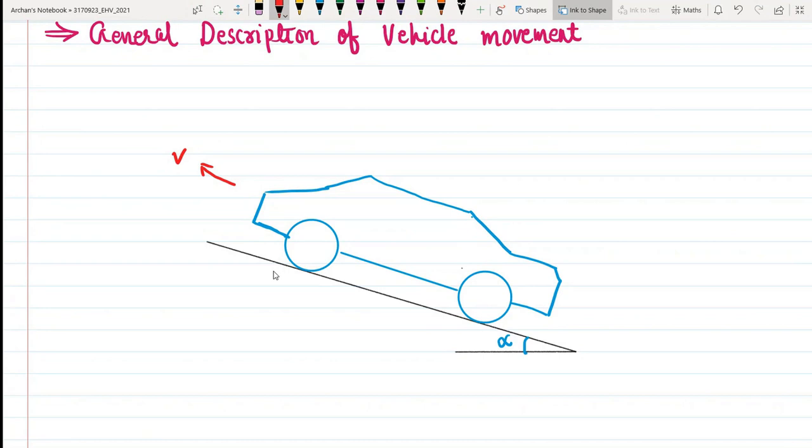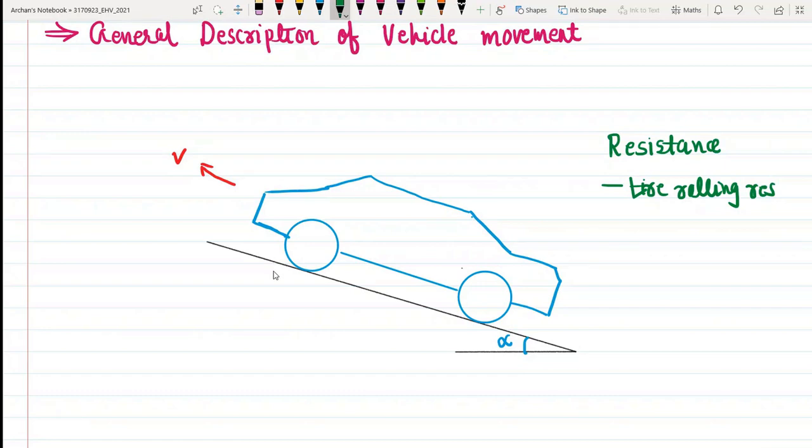So whenever we talk about the resistance, it will be tire rolling resistance, then aerodynamic drag, and the third one is uphill resistance.